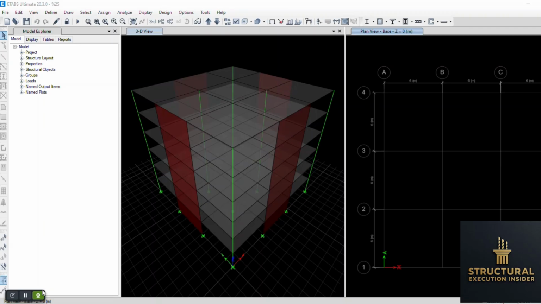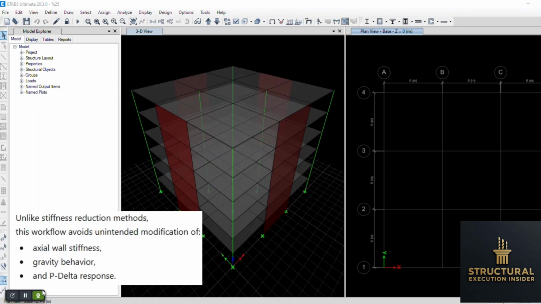The biggest issue is this: when shear walls are removed from the model, their gravity load participation also disappears. But according to the design philosophy of international seismic standards, the intention is only to eliminate their contribution to lateral resistance, not their gravity load behavior.